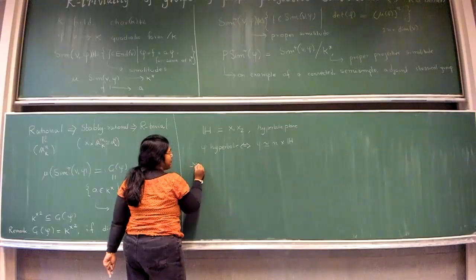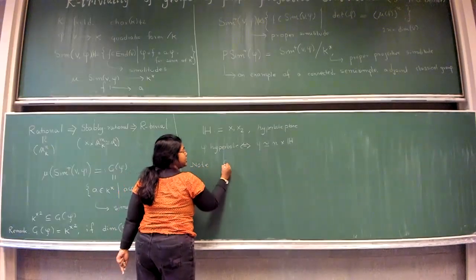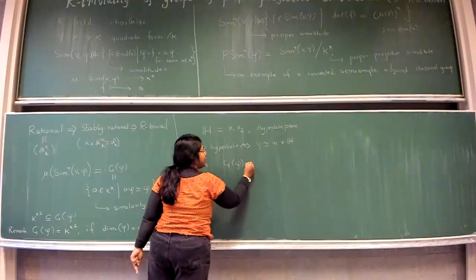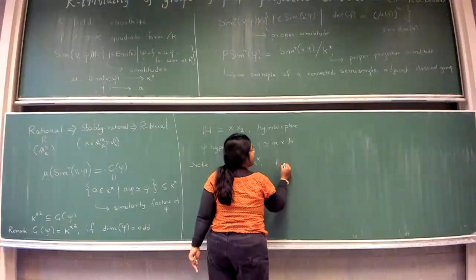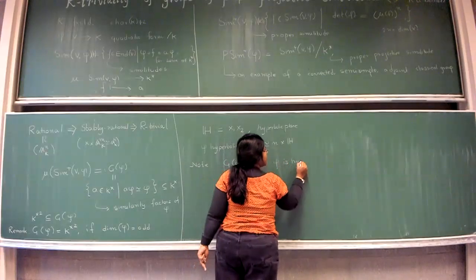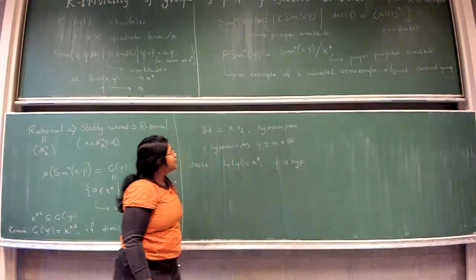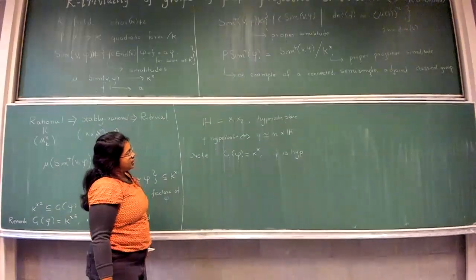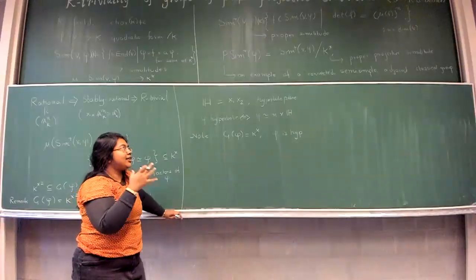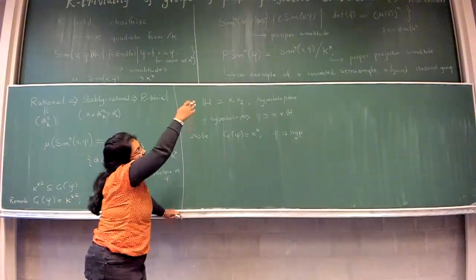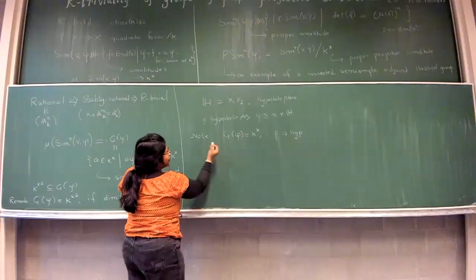And note that G of phi will be the whole K star if the form is hyperbolic. So from here we will get another group which will help with the translation.